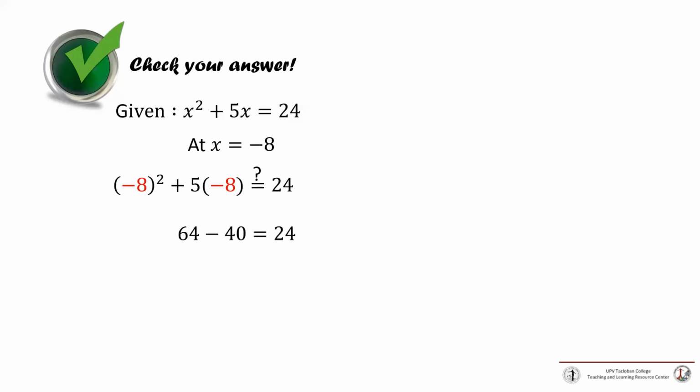We simplify the quantity negative 8 squared plus 5 times negative 8. This is 64 minus 40, which is 24, and the left side is equal to the right side. So we have proven that x is equal to negative 8 is a solution of the given equation x squared plus 5x equal to 24.